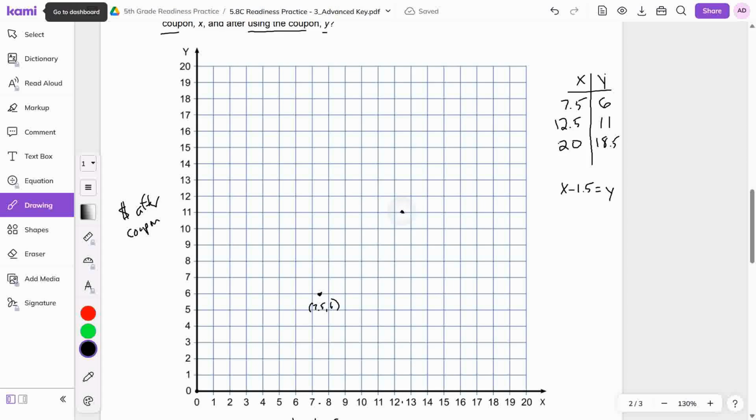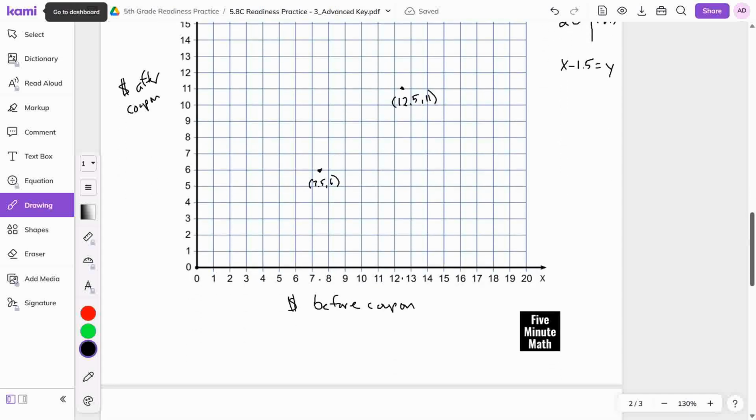So let's put that right there, and we'll label it as well, 12.5, 11. And then finally, if I go all the way over to 20, my y value is still $1.50 off, so it's 18.5. So in this case, I've got to go between the 18 and the 19. So 20 and then 18.5. All right, so you notice we've got a straight line going between those 3 points, but it's not going to go through the origin because that $1.50 off kind of shifts everything.